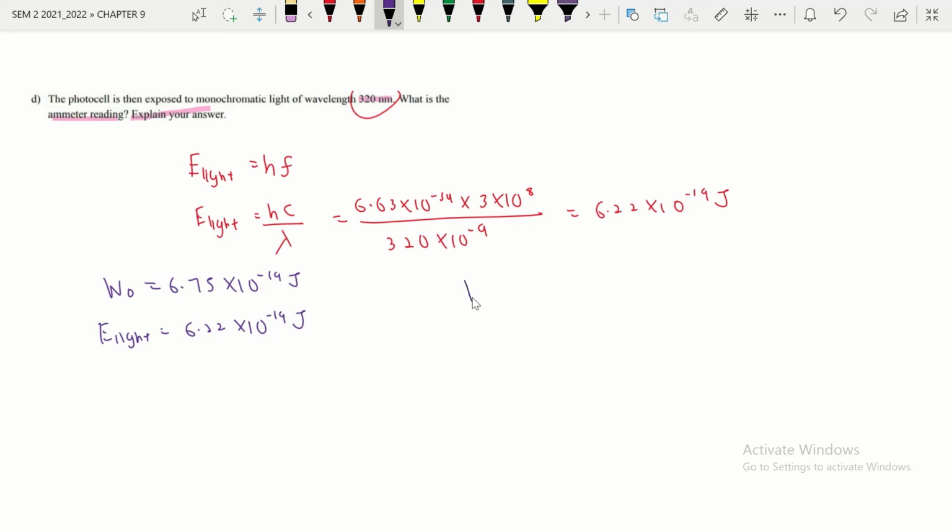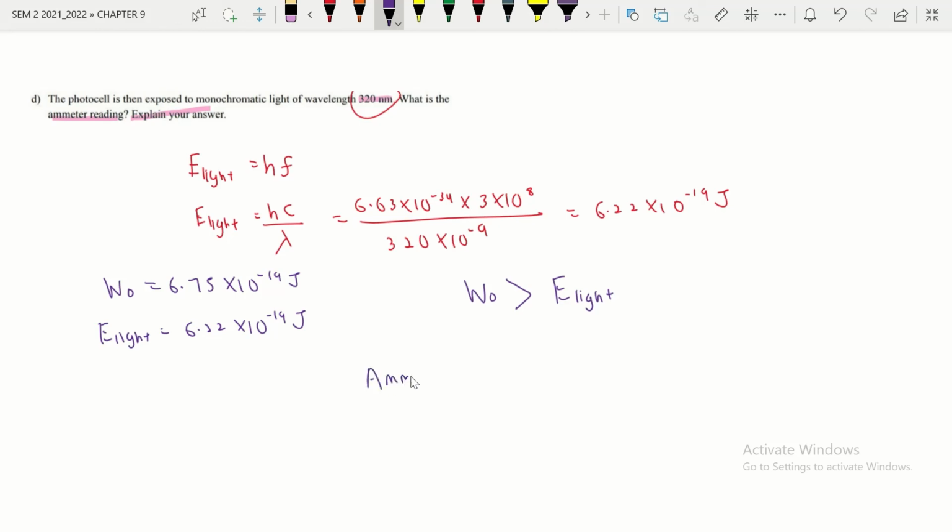Now we know our work function is larger than the energy of the monochromatic light. So when your work function is larger than the energy of the monochromatic light, it means no photoelectrons are emitted.